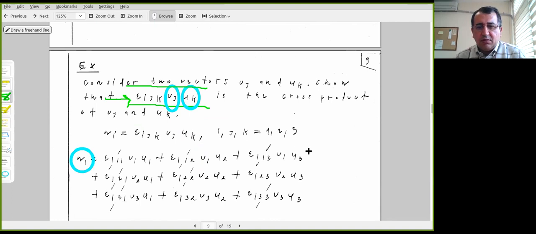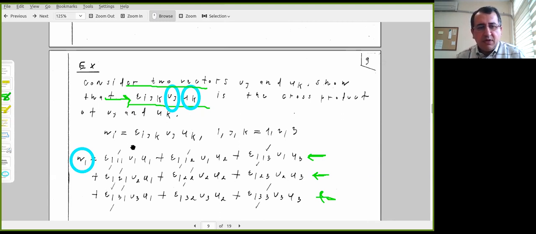So in line 1, j is 1. Line 2, j is 2. And line 3, j is 3. And in all terms, i is 1 because we are expanding this for i equals 1 now. This is only one of the terms. And in line 1, I'm expanding the summation over k.